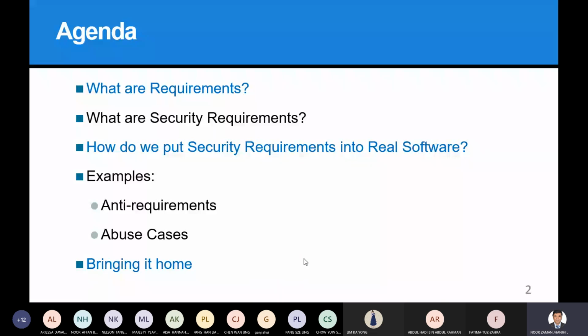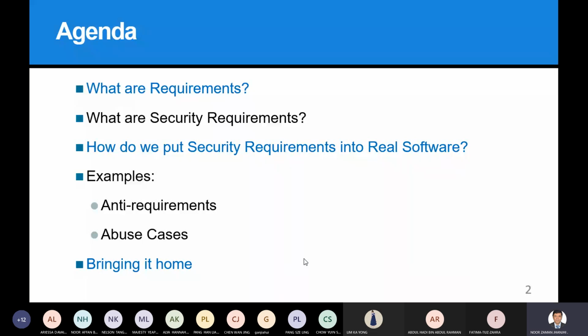And this is something truly important. It's not only a security requirement and definition, but a complete domain, and a very important area as well. So how do we put the security requirements into real software? That's what I'm telling you, how we can do that. And we will discuss a few examples, which are the anti-requirements and abuse cases.